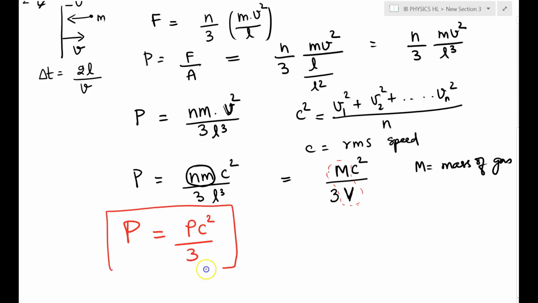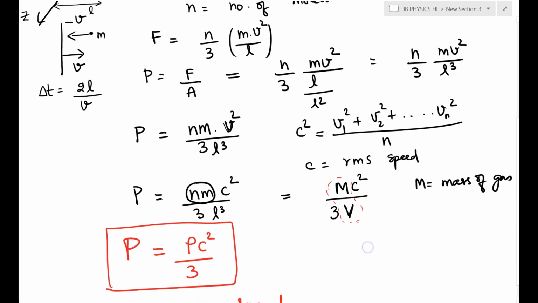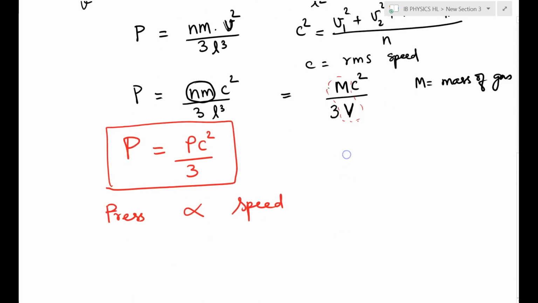So the pressure exerted by a gas can be defined as equal to the density times the root mean square velocity squared divided by 3. Or in other words, we can say that the pressure exerted by a gas depends on two things. It is directly proportional to the speed of the colliding molecules, because notice that the pressure comes from the force, which in turn is related to the change in momentum.